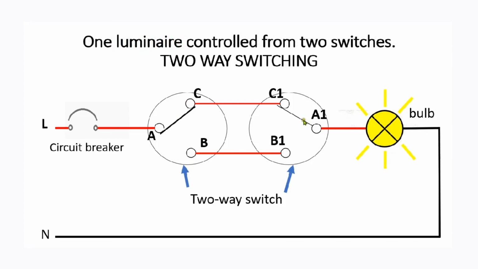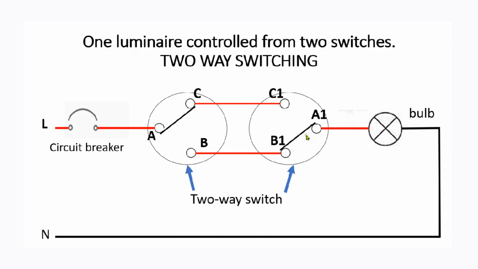Now let's look at the second switch. The second switch is connected from C1 to A1. If I press this second switch, I have now connected the switch from terminal B1 to A1, and electricity cannot reach the bulb. It travels all the way to A, from A to C, and from C to C1, but it cannot reach the bulb.